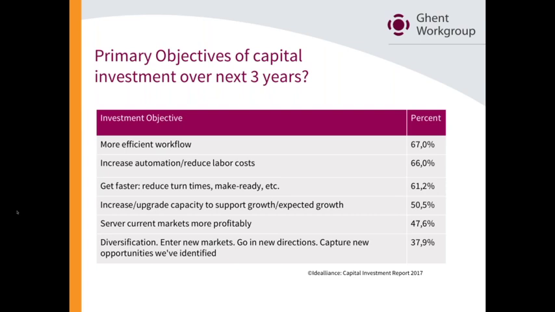And this is what these service providers said about where they're going to be putting their money over the next 3 years. More efficient workflows, increased automation to reduce labor costs, faster turnaround times and make-readies, increasing and upgrading capacity to support expected growth, which is great for the industry, and basically to serve the markets more profitably, and also diversification.